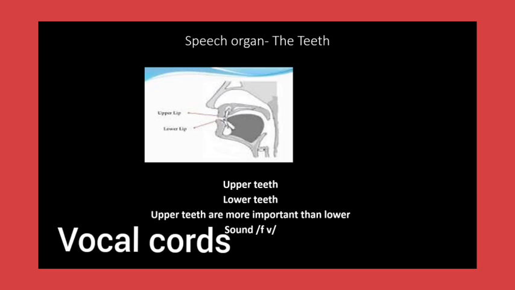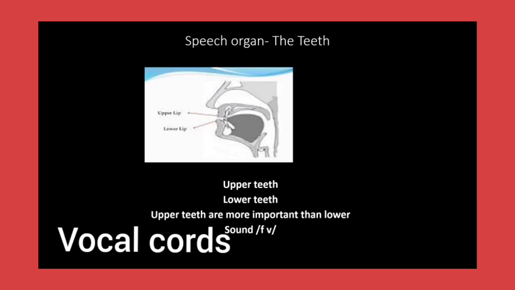The sounds f and v in English are very important to remember. Especially, I am giving you this particular example, the sounds f and v. In Marathi, we pronounce the sound f with the help of two lips. Remember, there is a difference between Marathi p and English f. Look at my pronunciation, p.